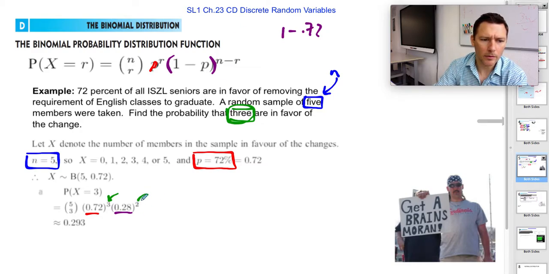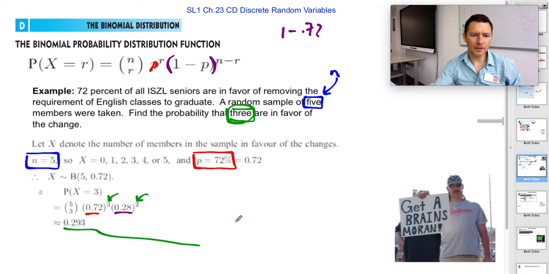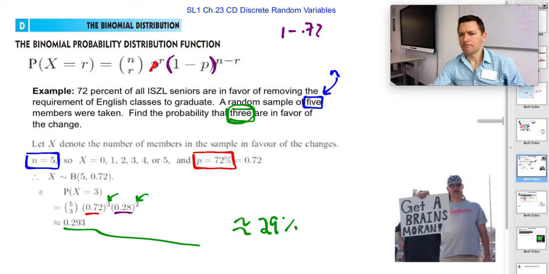So the 5 minus 3. And this is our coefficient in front, 5 choose 3. If you run those through your calculator, you should get that. And so that means it's about a 29, maybe 30% chance that this will happen. All right, great.